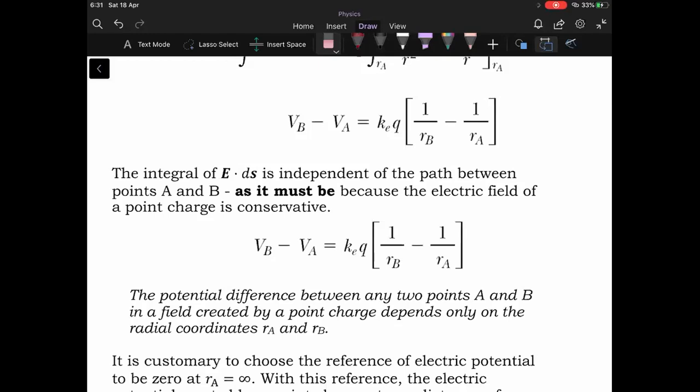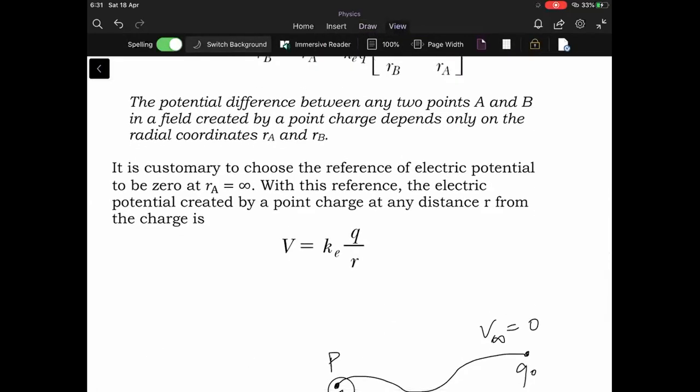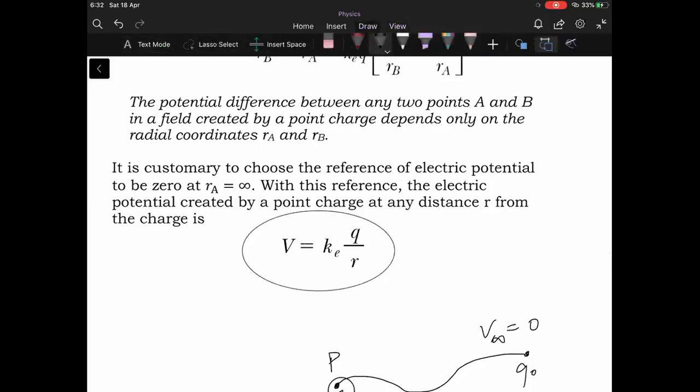That means this term will become infinity to a given point P, जिसका डिस्टेंस है r. ओके, तो मैं इसमें सब्स्टिट्यूट कर दूंगा, rb को मैं r लिख दूंगा और ra को मैं इंफिनिटी ले लूंगा. तो this potential difference will now become absolute potential. Okay, and this is what I am going to get in the last. This is my expression for the absolute potential. Okay, now you can write down the entire slide.